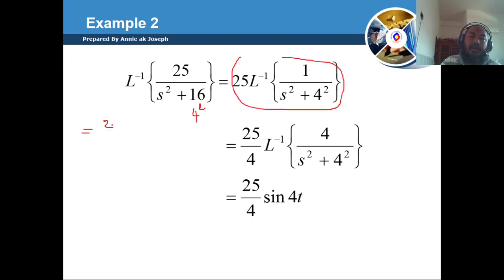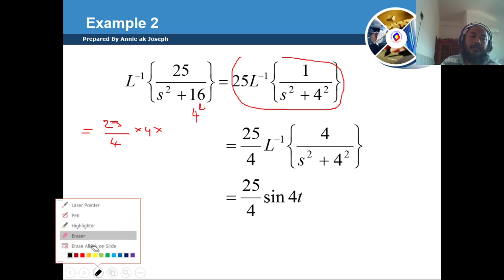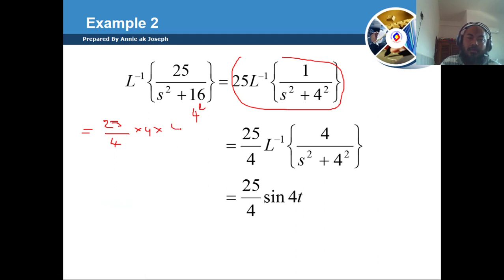So we have 25 divided by 4, multiplied with the inverse Laplace of 1 divided by s square plus 4 square.